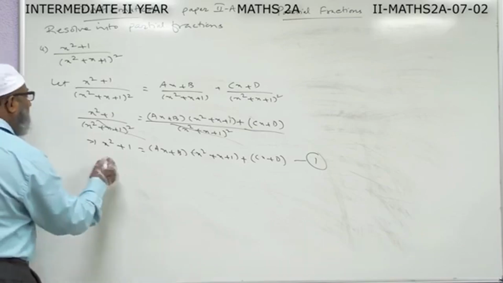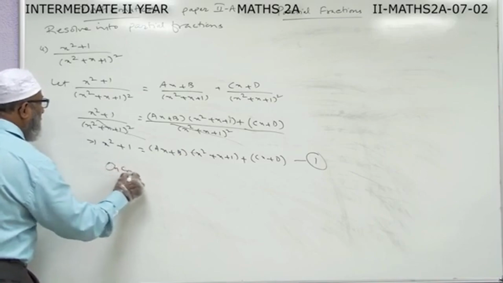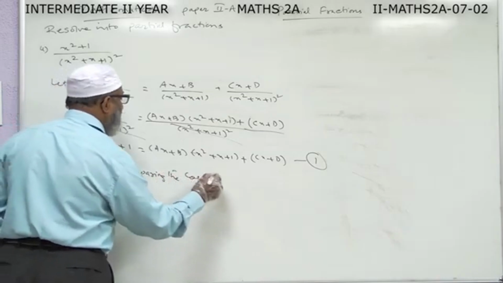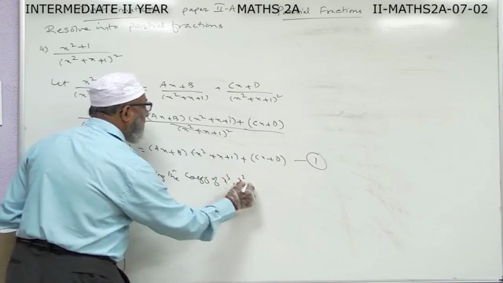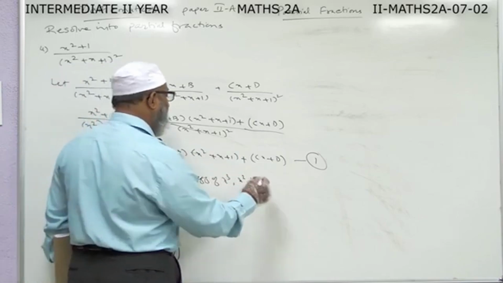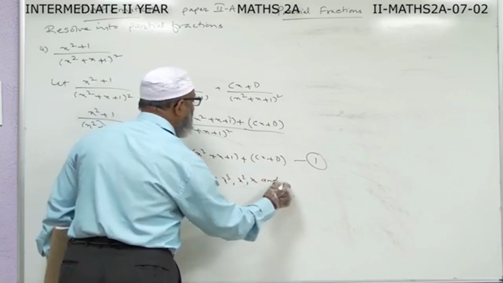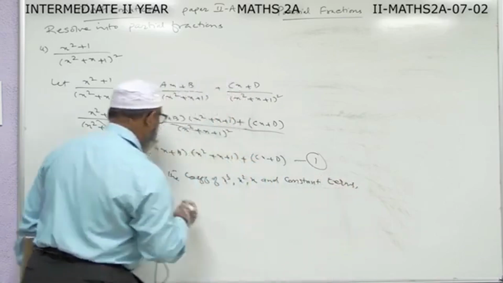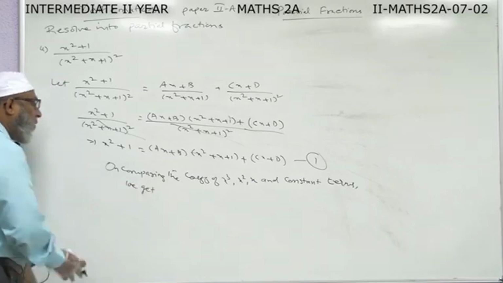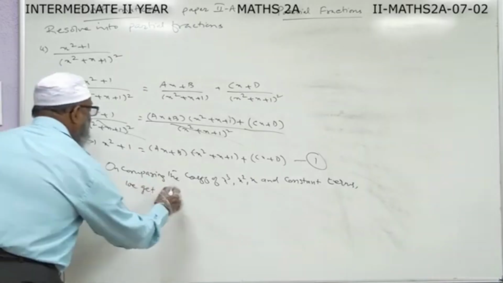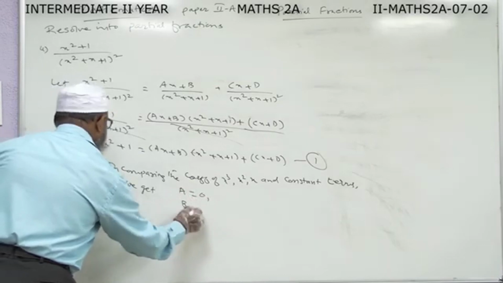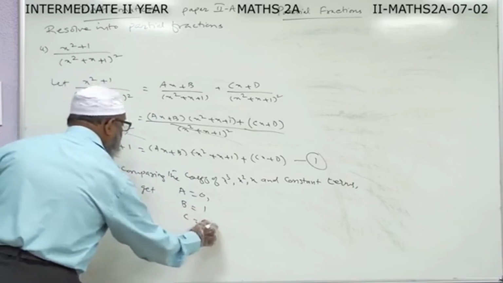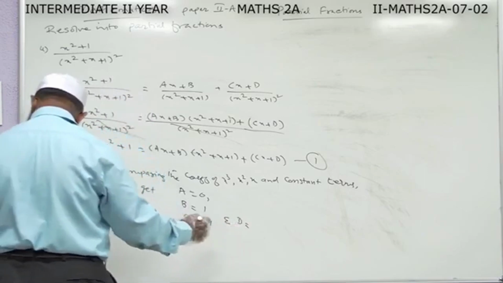I will write the conclusion part. On comparing the coefficients of x cube, x square, x and constant term, we get a is equal to 0, b is equal to 1, c is equal to minus 1 and d is equal to 0.